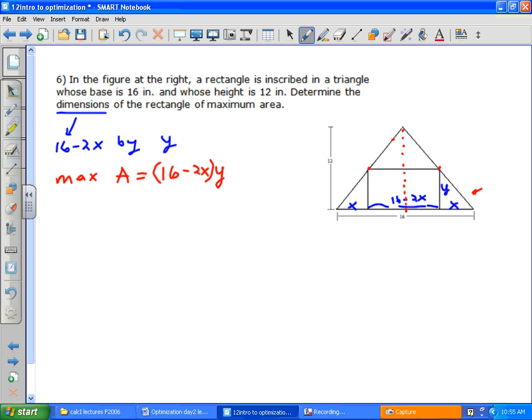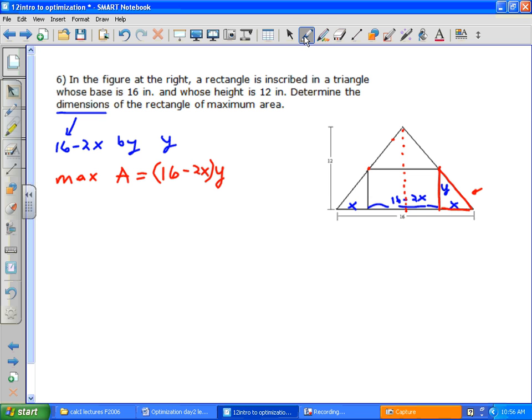Which triangles are going to be similar? The big one on the outside, this one, with the little one on the inside, which is this one. Okay, so let's try to set up now the ratios.